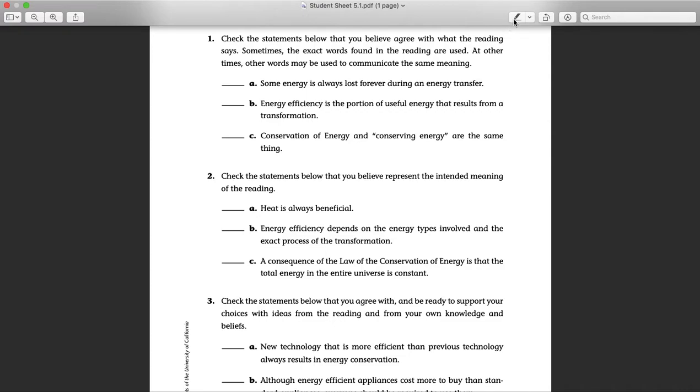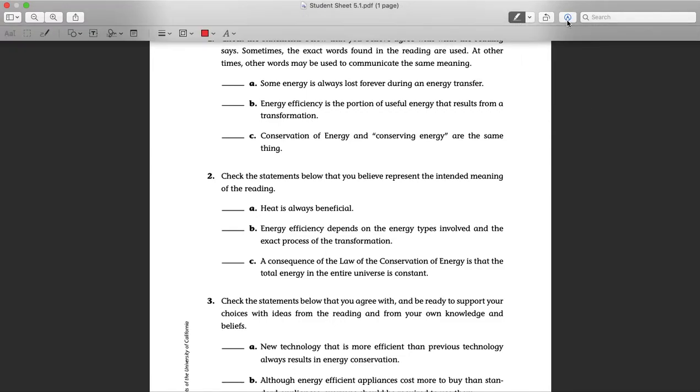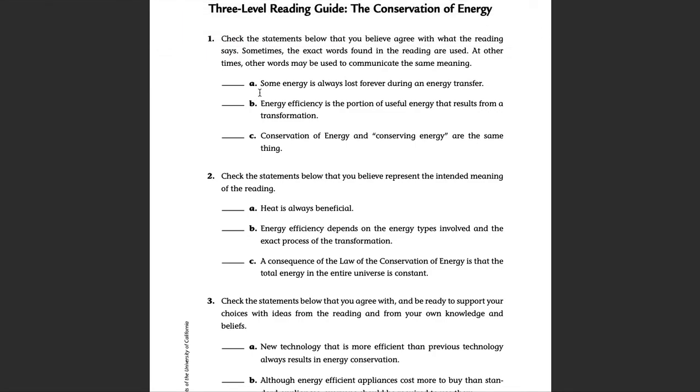So, for example, Statement A says some energy is always lost forever during an energy transfer. Well, if you know from our discussion prior to the reading, and also you should have gained an understanding through the reading, that we know energy cannot be created, cannot be destroyed, can't be lost.